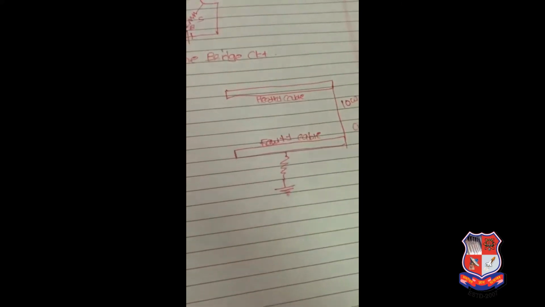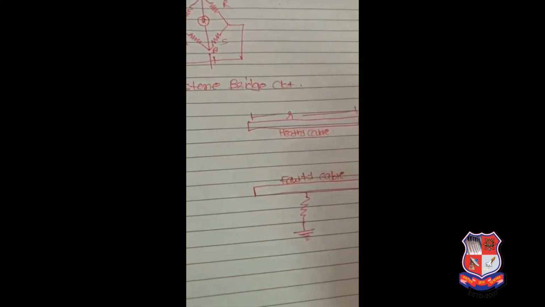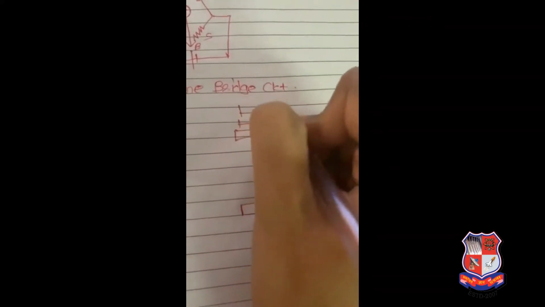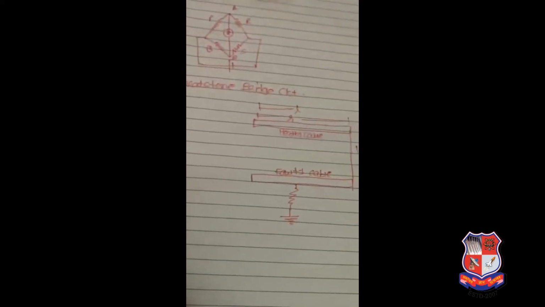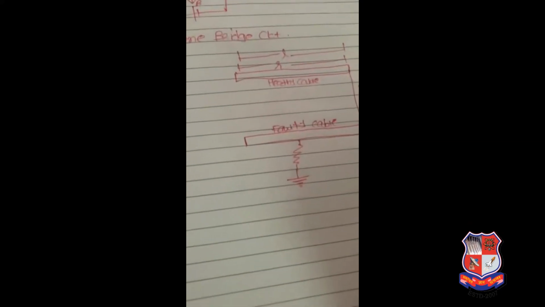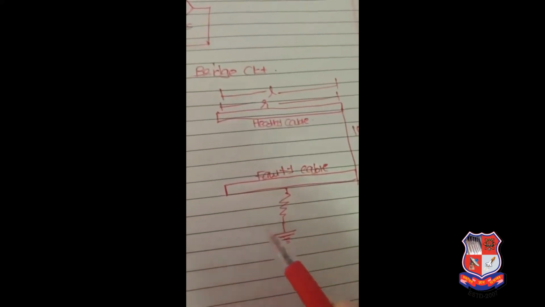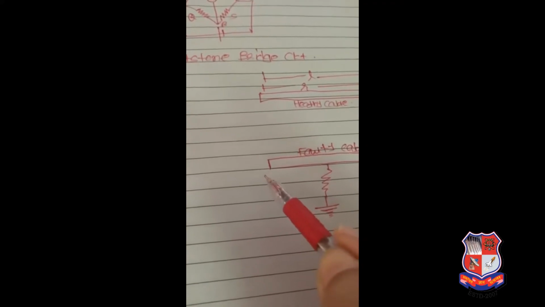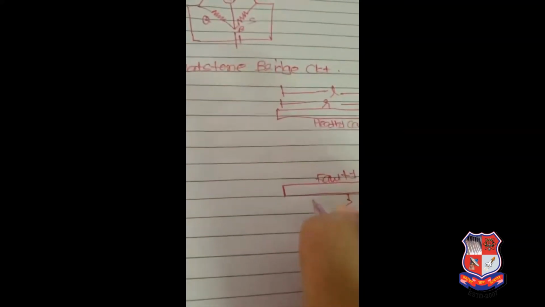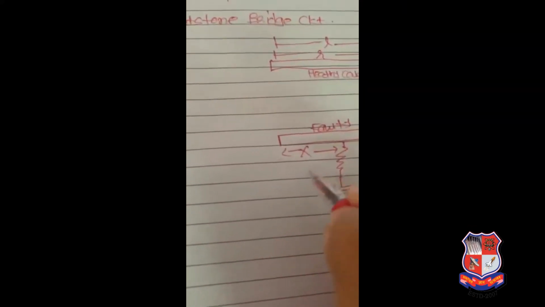Now, assume the resistance of the healthy cable is small r, and the length of the healthy cable is L. The portion from the test point to the fault location has resistance X, and the length from the test point to the fault point is L1.